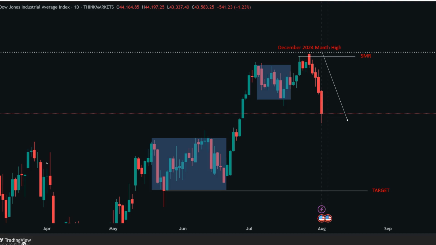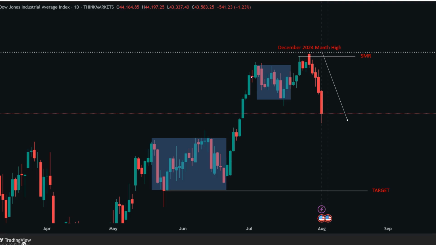Now looking at this chart, this is Dow Jones, which is known as US30, and I'm on a daily time frame. If you look at this, you see a consolidation phase right down here, and then you can see multiple equal highs and equal lows. Then you see price displace upward, then keeps going upward.